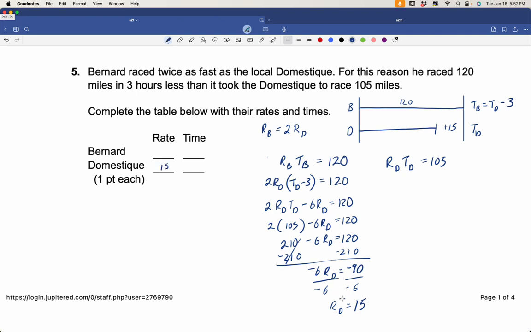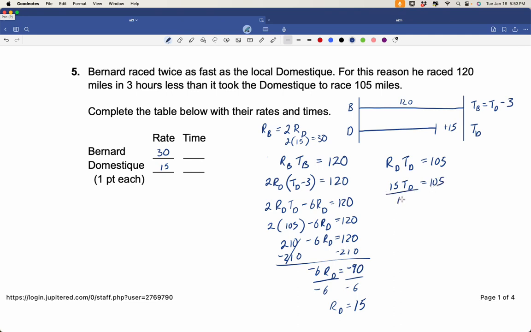All right, now that I know the rate of Domestique, I can find the rate of Bernard, because that's 2 times 15, which equals 30. So the rate of Bernard is 30. Now I can find pretty easily the time of Domestique by putting in her rate. 15 times the time of Domestique is equal to 105.